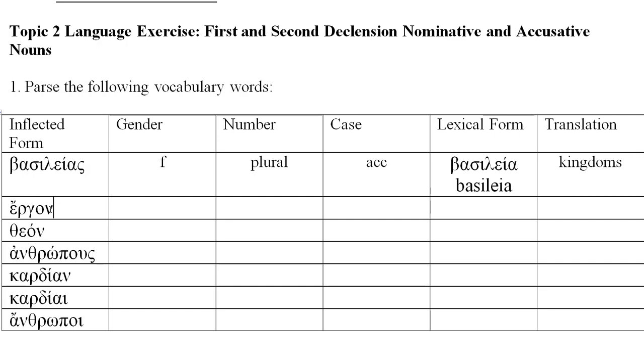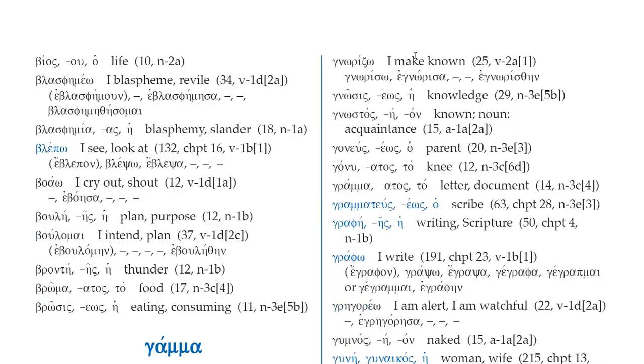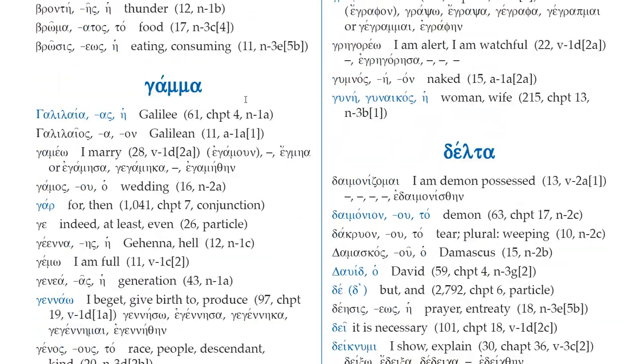All right, so let's look at the next example, ergon. It looks like our stem is ERG, or epsilon rho gamma, and here's our ending, omicron nu. We will go and look in the lexicon. We're looking for the epsilon. We're at beta. We need to go down to alpha, beta, gamma, delta, epsilon will be after that.